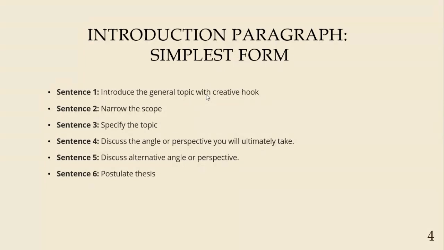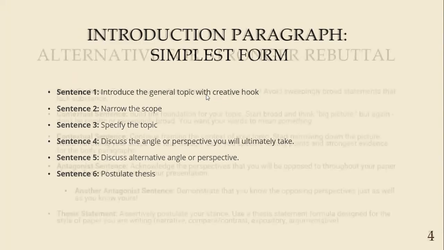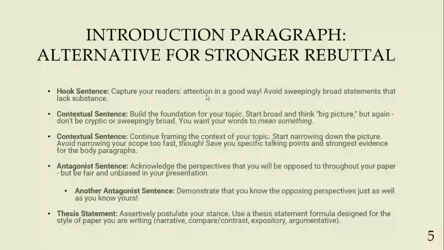I think that's okay, but when you have a really strong thesis statement, I don't think you need to spend as much time on discussing your perspective until you get to the body paragraphs. And that's why I do have this alternative, right? It's for a stronger rebuttal. So basically, you could think about it as pulling a rubber band back, right?